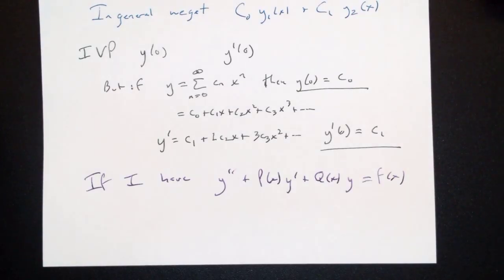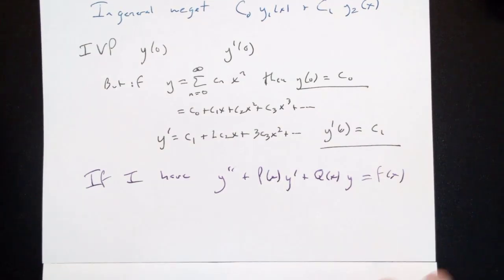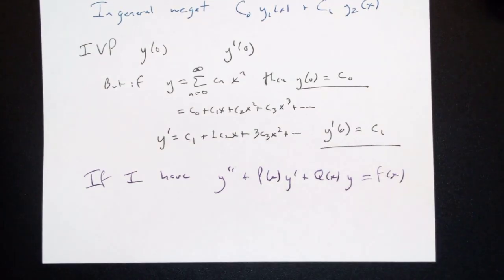If I have this sort of garbage, then I need to figure out what to do with this f of x. But fortunately for you, that's actually really easy. I convert f of x to a power series also. And then I move it from the right side to the left side. And then it's equal to 0.